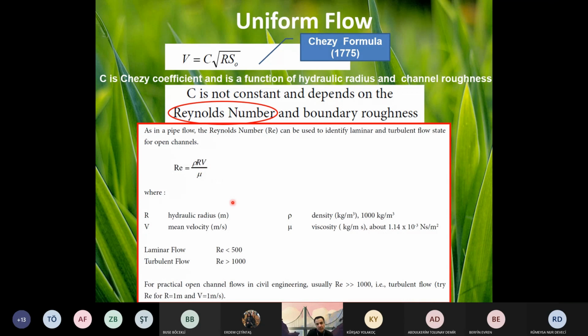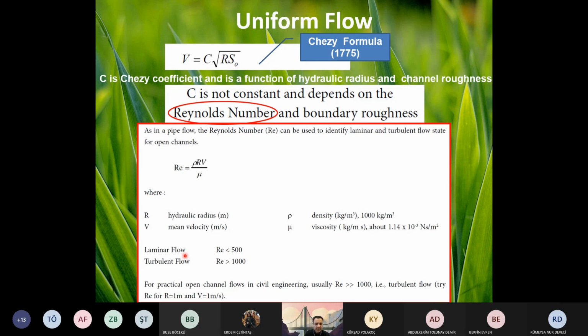Mu is viscosity, or dynamic viscosity, d is diameter, and rho is the density of water. R is hydraulic radius. Hydraulic radius equals the diameter of the pipe over four, and V is the mean velocity at the cross section. And we said that these values vary in different texts.